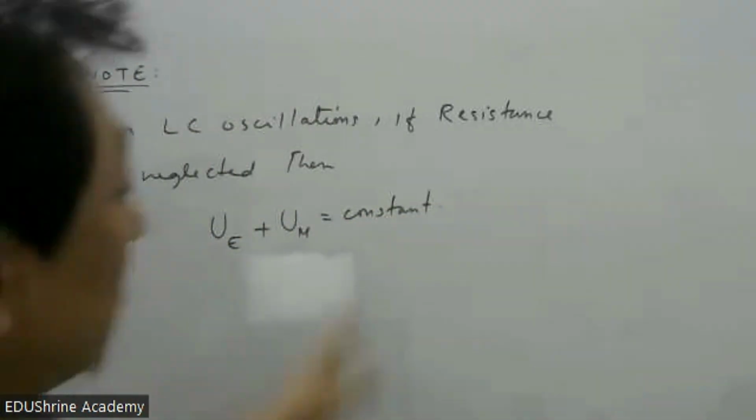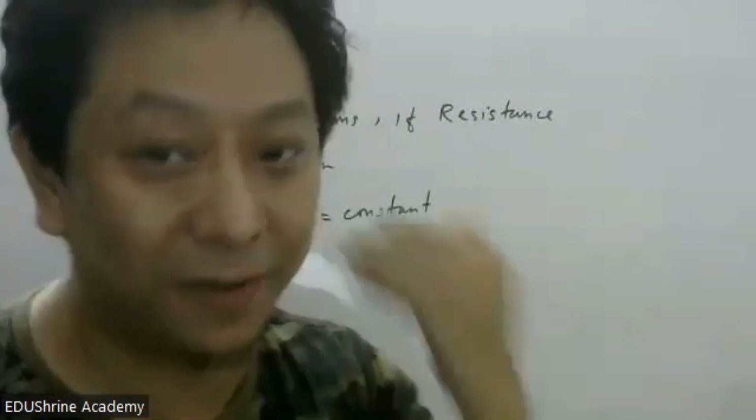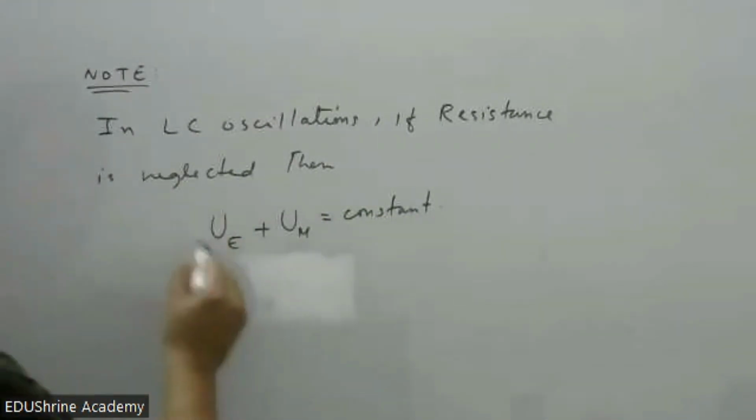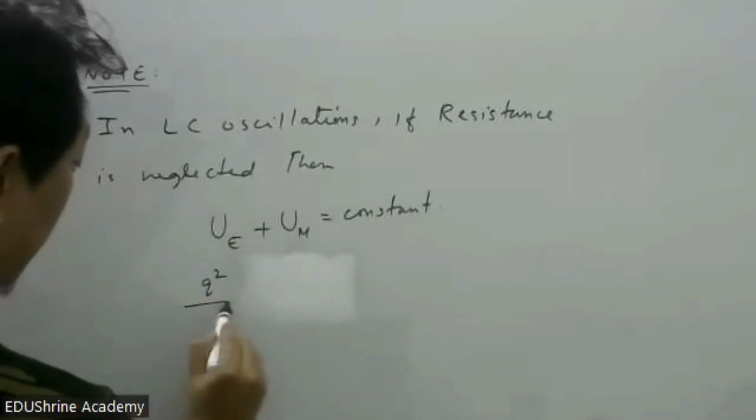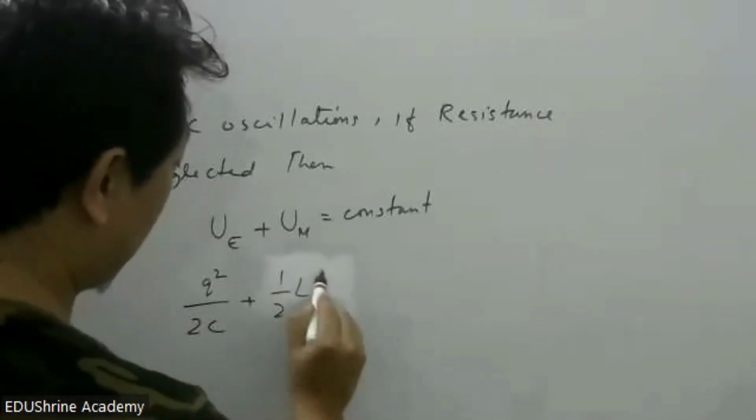Yes or no? Otherwise, some heat will be dissipated and therefore the oscillations will slowly die. What was the electrostatic energy formula? Q square by 2C. Magnetic energy is half L i square.